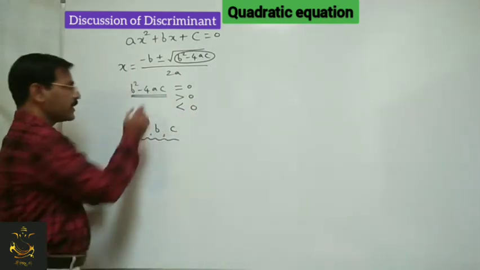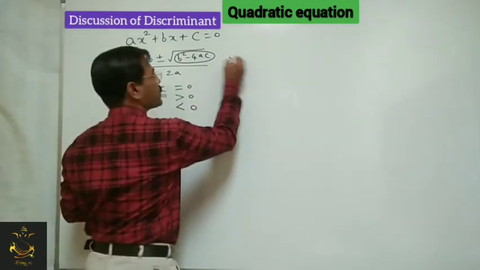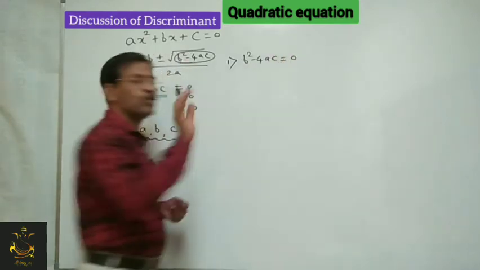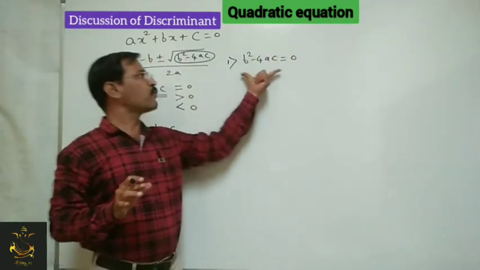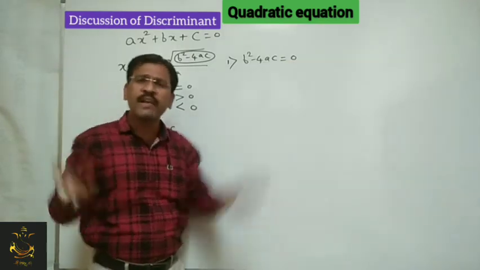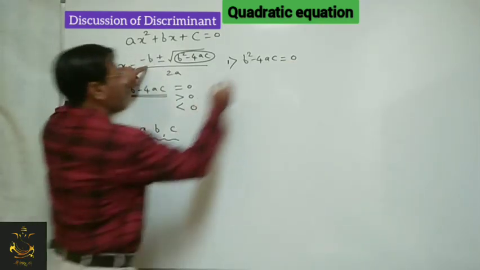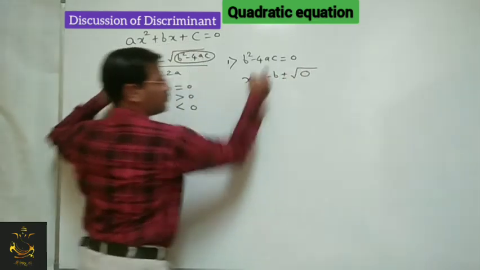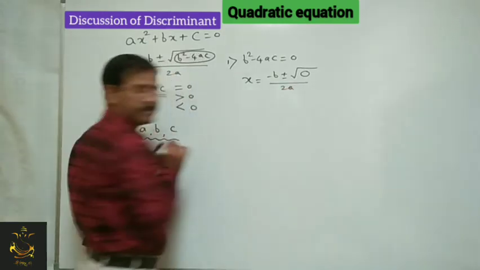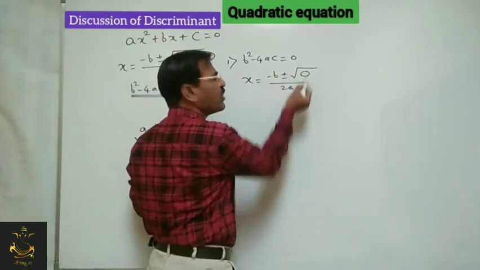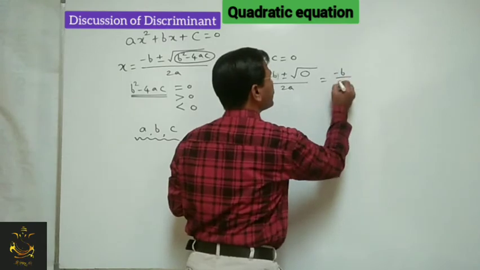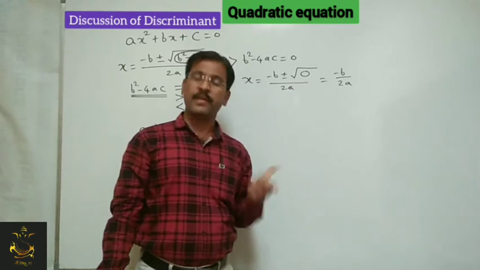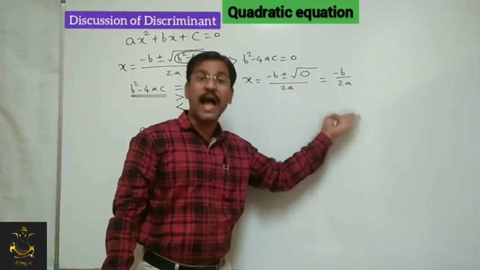If we take the first one, b square minus 4ac is equal to 0. Suppose the value of b square minus 4ac equals 0. Then what will come here? X is equal to minus b plus or minus 0 upon 2a. Because the root of 0 is 0 only, we get just minus b upon 2a. Here there is one and only one root, which is real and unique.